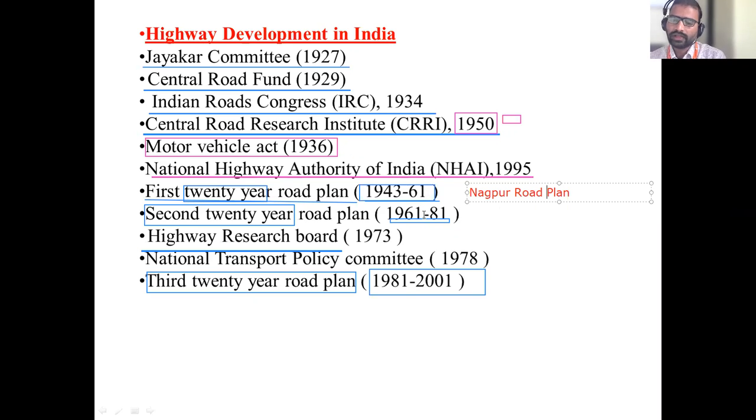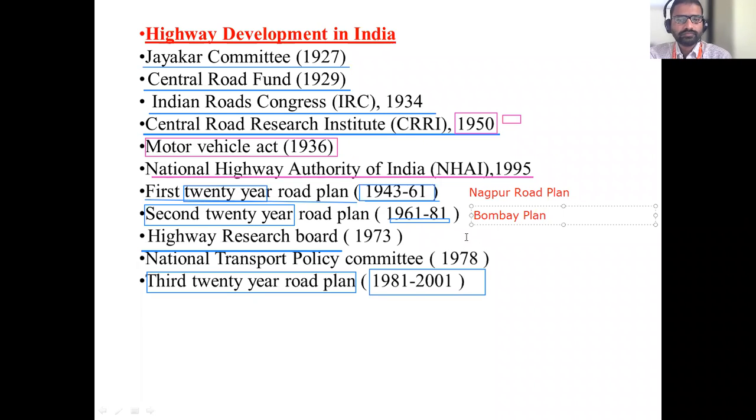Second 20-year road plan, 1961 to 1981. It is also called the Bombay Plan.